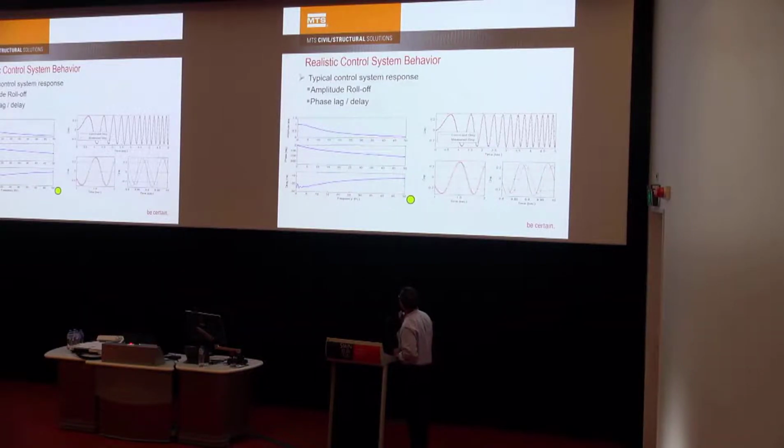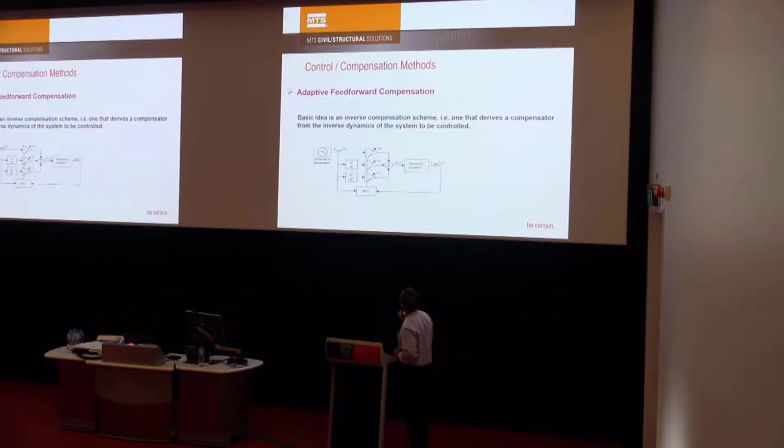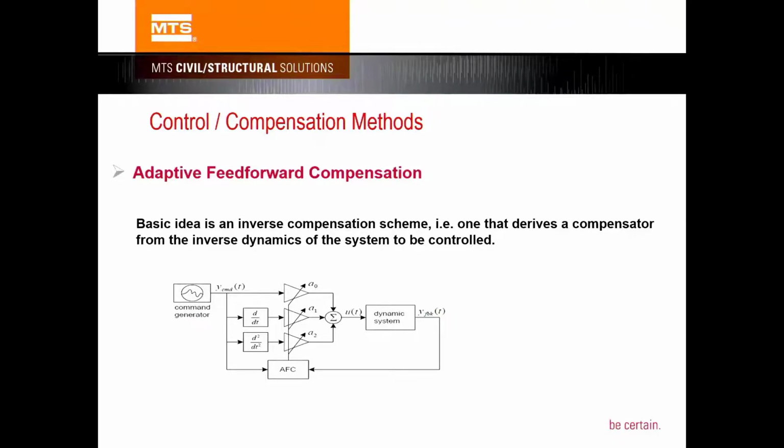And there are different methods, and we provide different delay compensation methods, like this adaptive feed-forward compensator, which automatically learns and finds out the delay, the error between the command and feedback, and automatically adjusts some of the parameters in this compensator, so that the delay is compensated, so that the roll-off error is compensated.